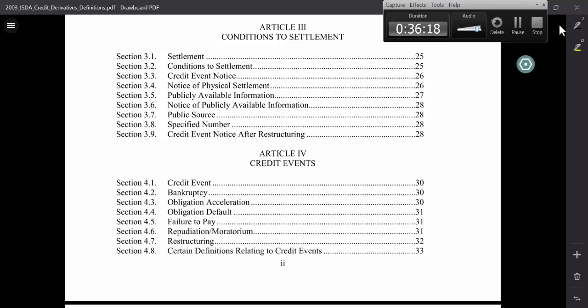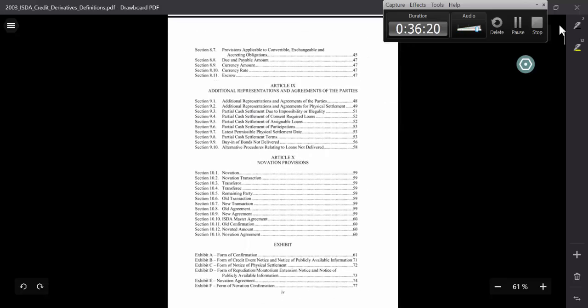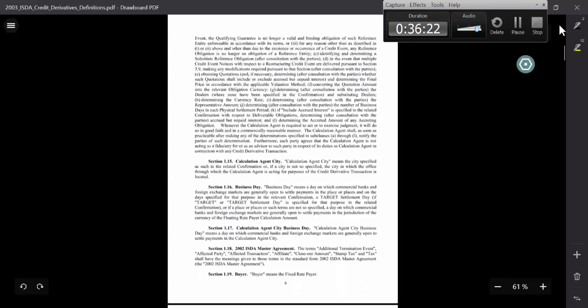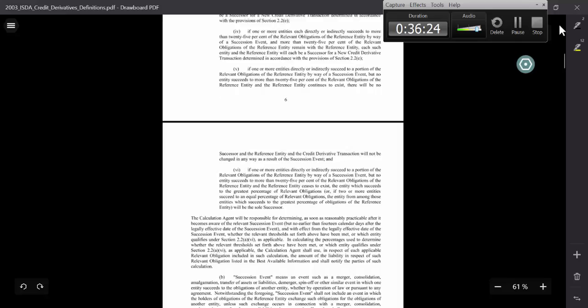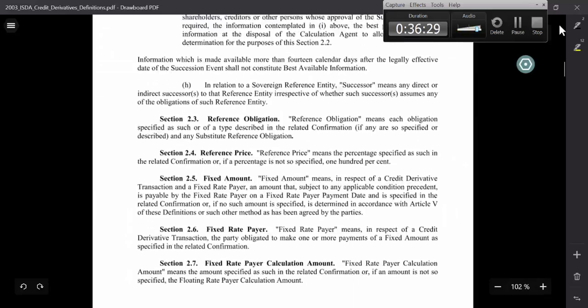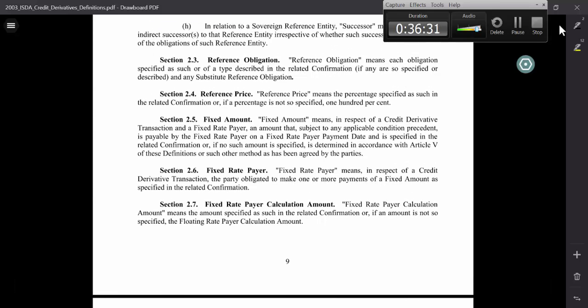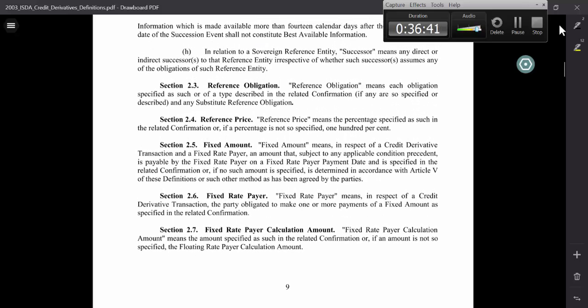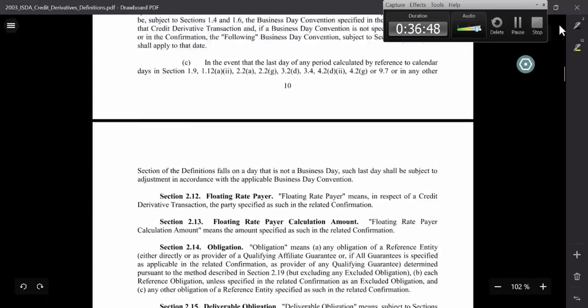You can imagine this goes on and on. Pages and pages of definitions. It is like, if I'm going to play chess with you, we don't have to talk about the rules. Someone has already defined what the rules are. We just have a look at that. This is a bit like that. What is a reference obligation, reference price, and so on. Is everyone okay with that?